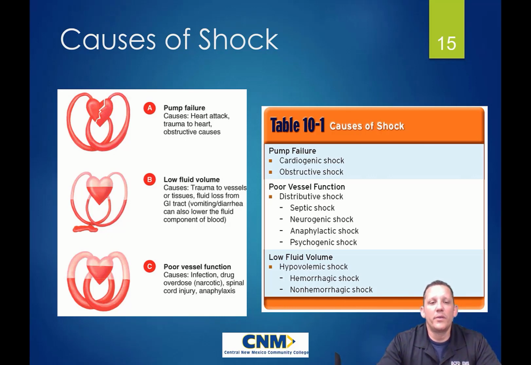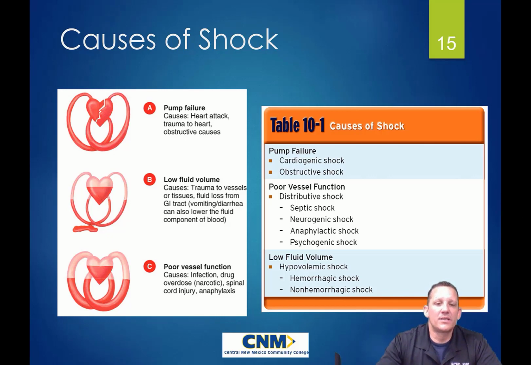If you get into low fluid volume, that's quite literally, I spring a leak, right? Something happens traumatically or even not traumatically, maybe it's just a GI bleed, but I am losing the actual fluid that's going to carry oxygen and nutrition to the cells. If we have a leak anywhere of any type, it's a bad thing for us.